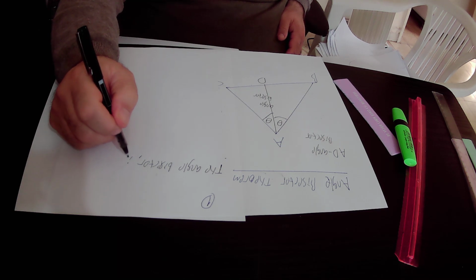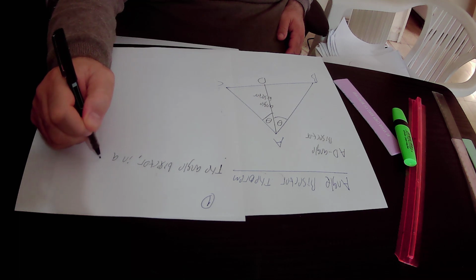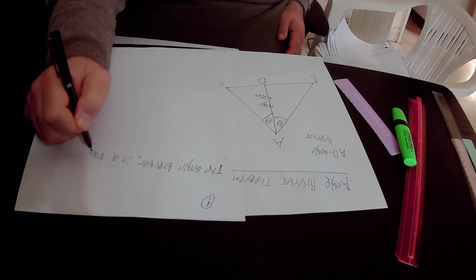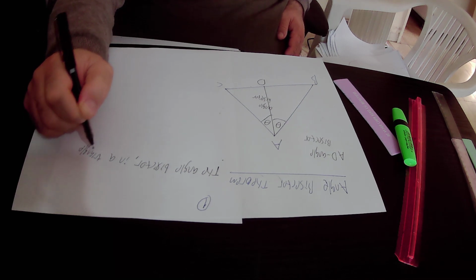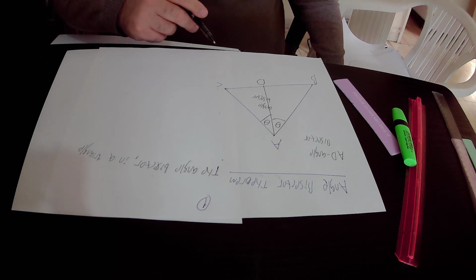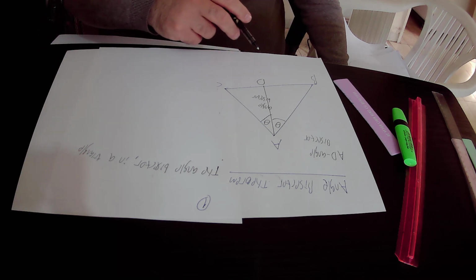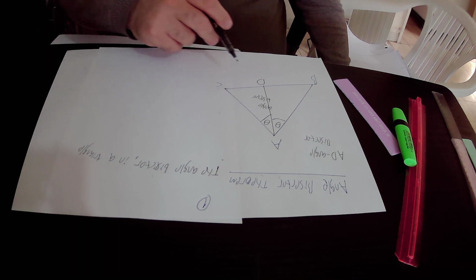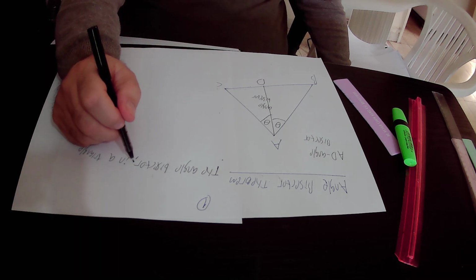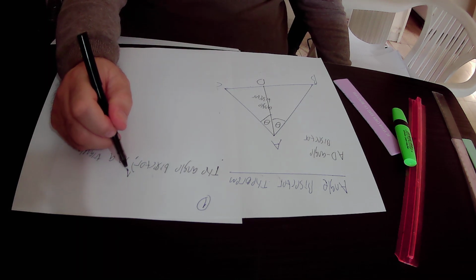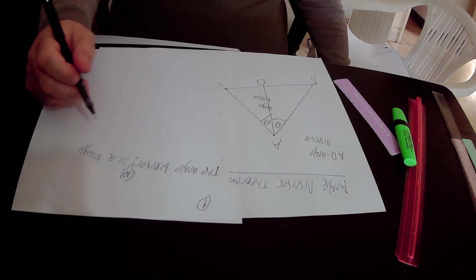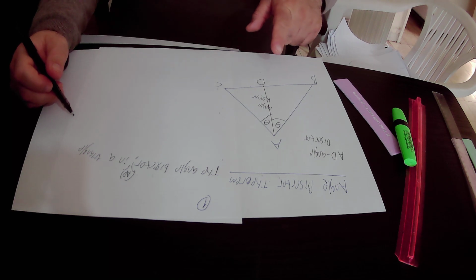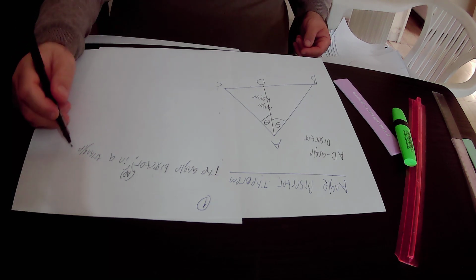in a triangle. So we are relating to AD. AD is the angle bisector, so I write it here. This is AD in brackets in triangle. In this case we are talking about triangle ABC.